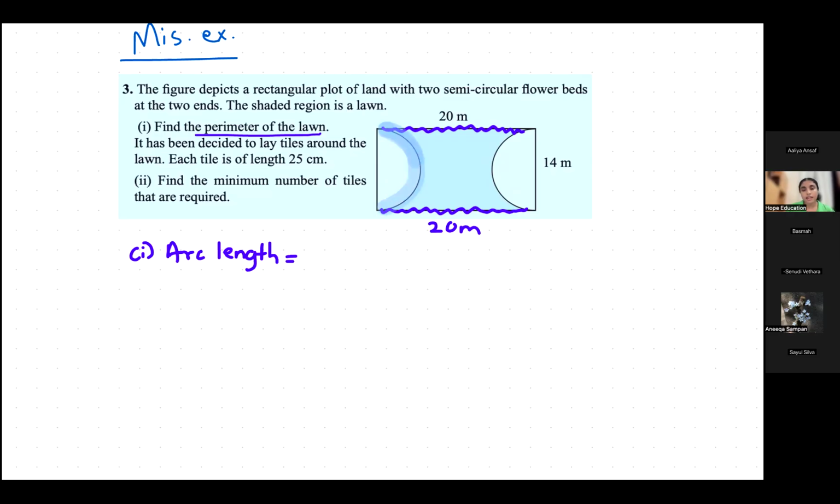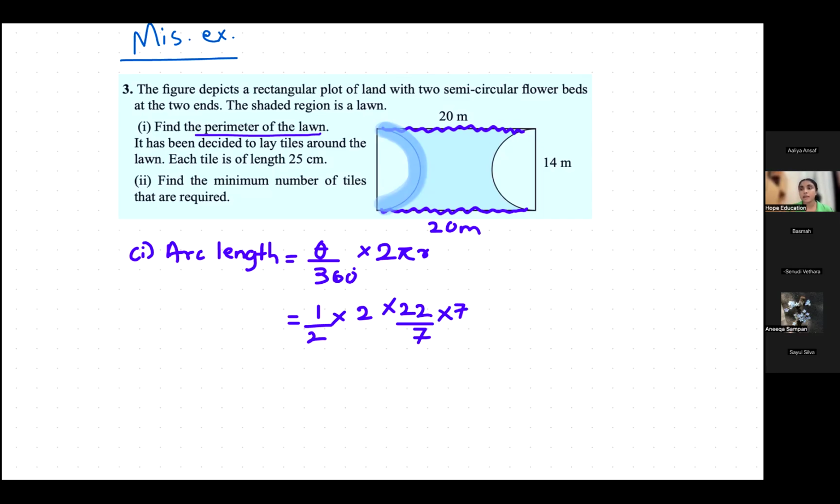Do you know how to find the arc length? Theta over 360 multiplied by 2 pi r. What is theta when you consider this arc? 180. 180 over 360 is exactly half. So I put half. 2 pi is 22 over 7. What is the radius of that particular arc? 7 meters. Good.